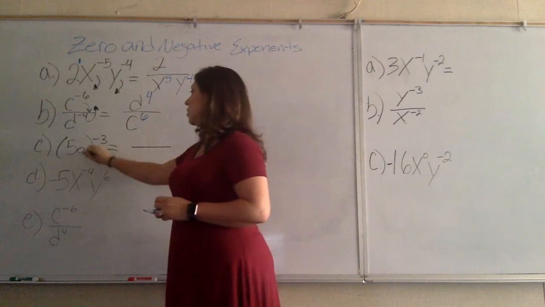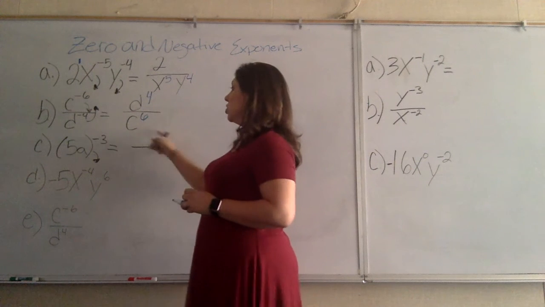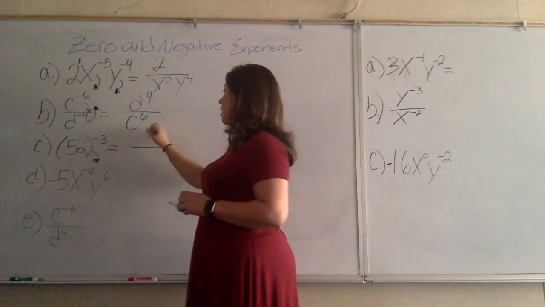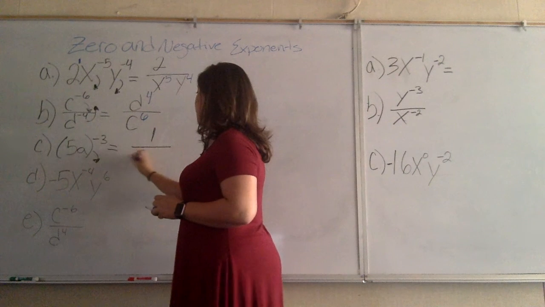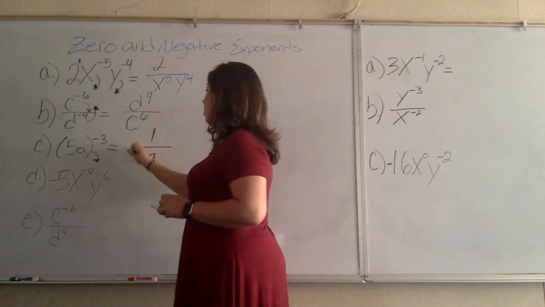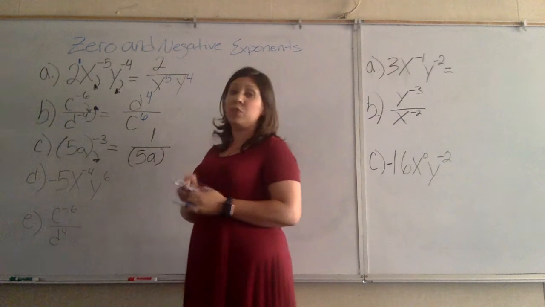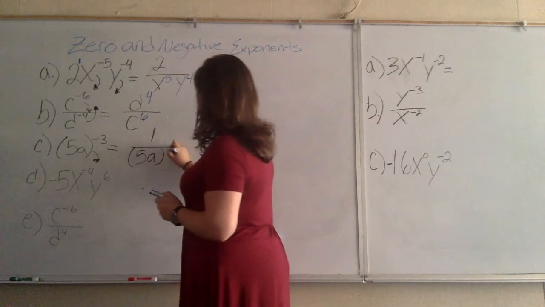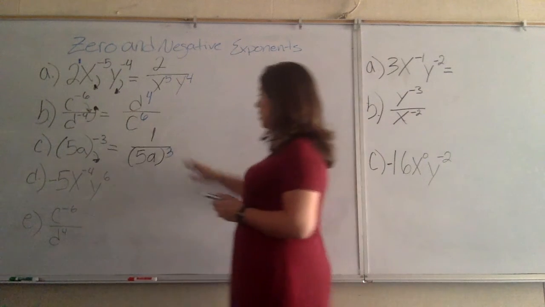Since it was already on the top, it's going to move down underneath the fraction bar. So since there's nothing on the top staying, we're going to put in a 1 and then move down my 5 and my A. Don't forget your parentheses. And now the negative 3 is happy because it moved, so I'm going to keep it as a positive 3.